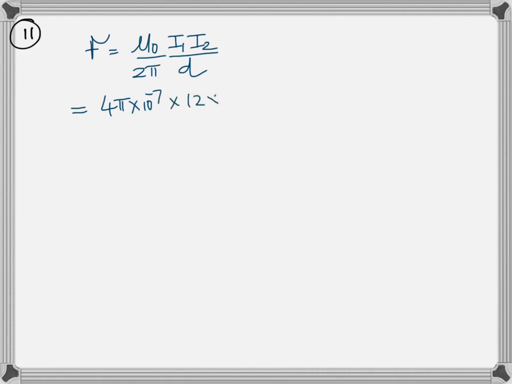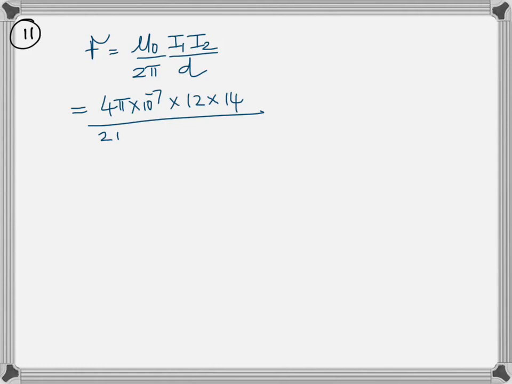Number 11. Force is mu naught by 2 pi, I1 times I2 divided by the distance between them. That's straightforward. And remember, that's the formula for force per unit length. Force on 1 meter. If the question says, what's the force on 2 meters, you know you have to multiply this with 2.